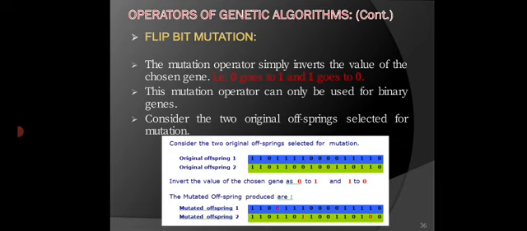So we have written over here that in mutated offspring 1, the fourth bit, 1, is now inverted to 0. In the second offspring, the seventh and the second last bits, 0 and 1, are inverted, right? Fine.